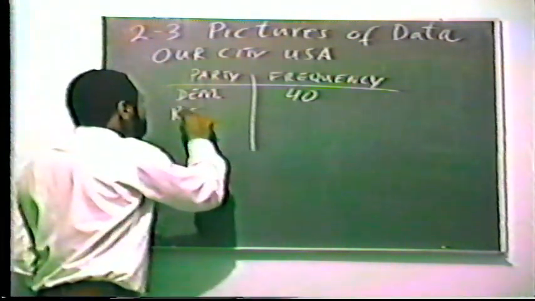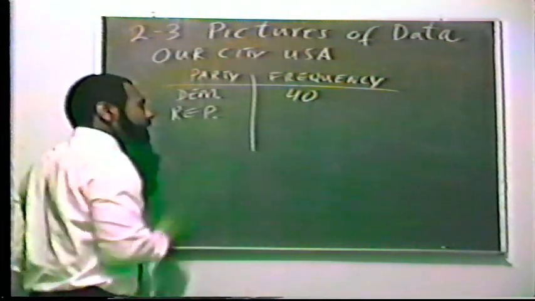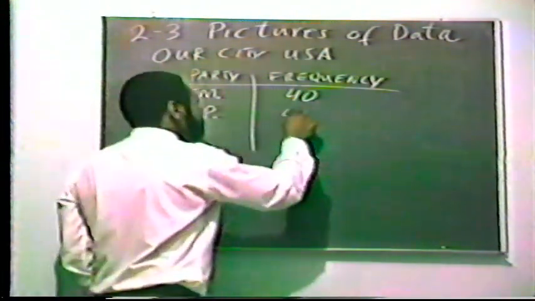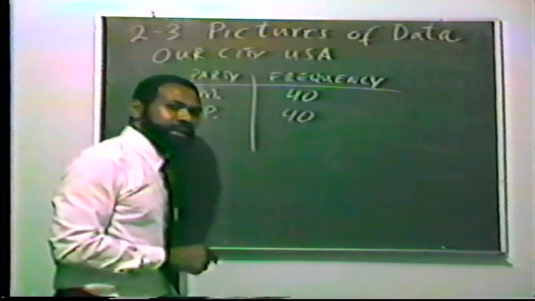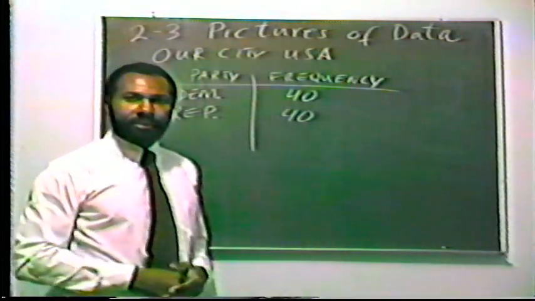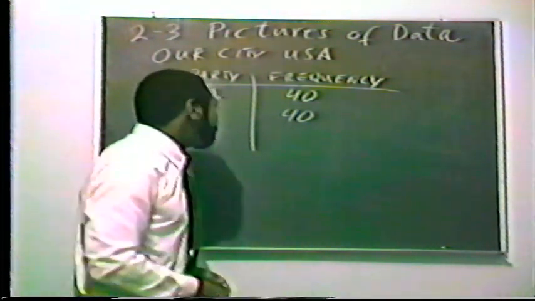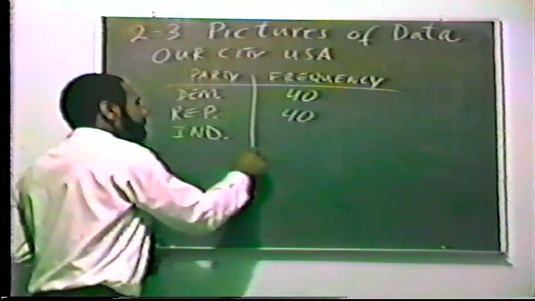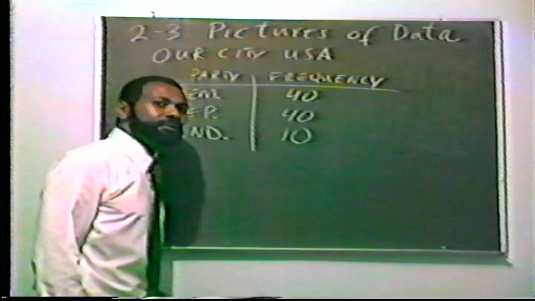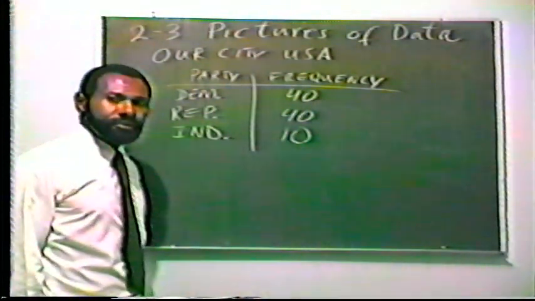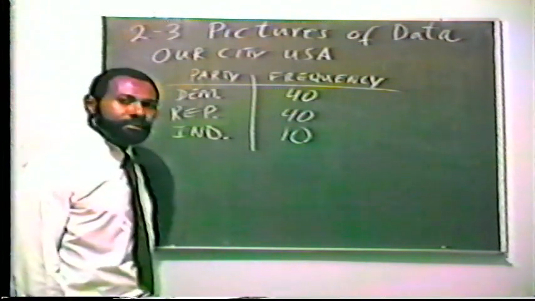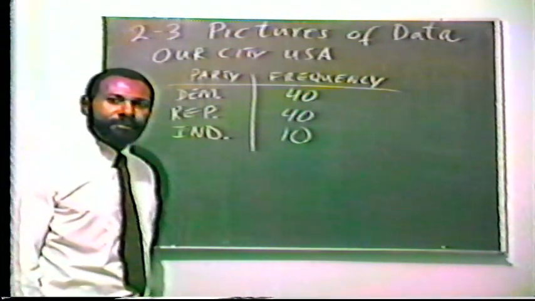Republicans, let's say that they also have 40 survey forms that indicate that the individuals are Republicans. And the Independents, they have 10 forms. The researchers or the pollsters have 10 forms from Independents.